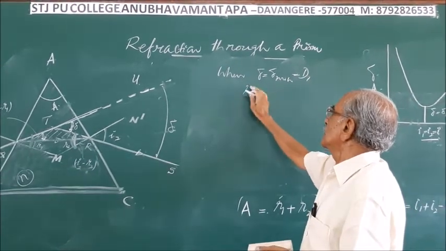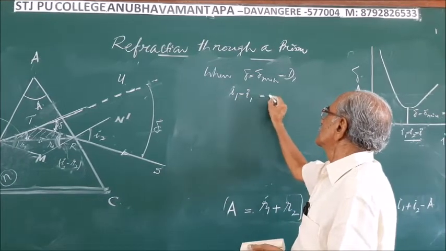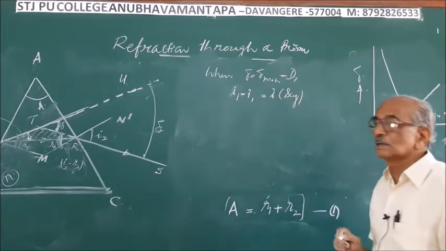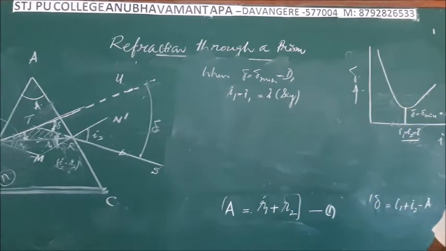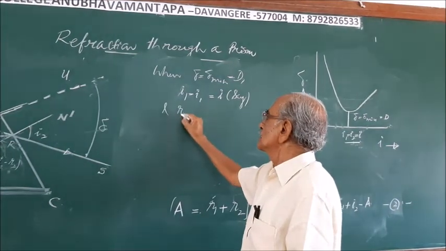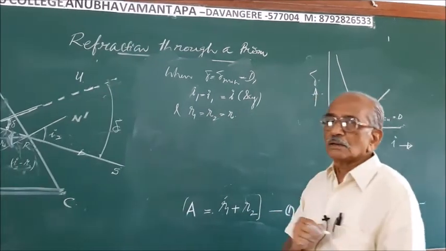Say I1 is I2, so each is equal to I, let us suppose. When they are the same, we will denote both of them by I. And we can show that R1 and R2 are also equal.